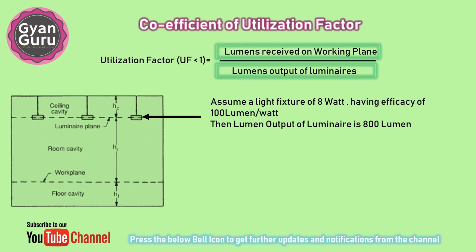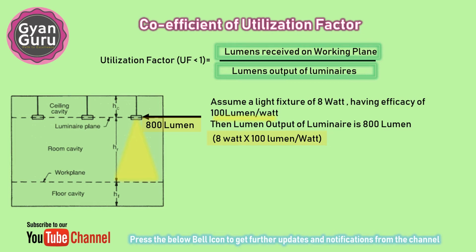To understand the coefficient of utilization, let's go through an example. In the figure, we have assumed that a light fixture of 8 watts, having an efficacy of 100 lumen per watt, is installed at a certain height, hence 800 lumen is the total output of the 8-watt light. Just multiply the light fixture wattage with the efficacy, and you will get the total lumen output of the luminaire.